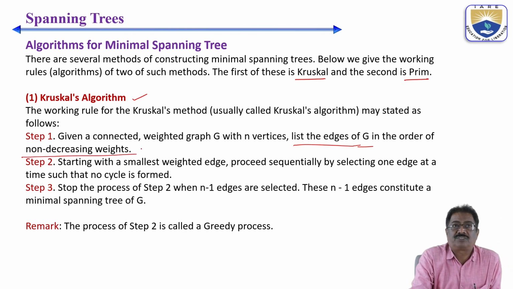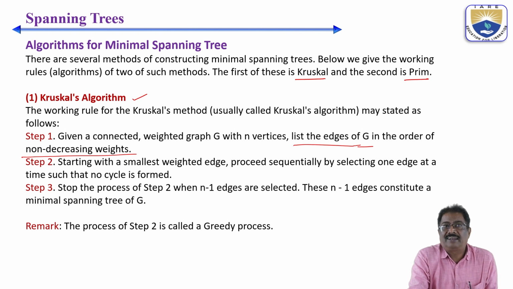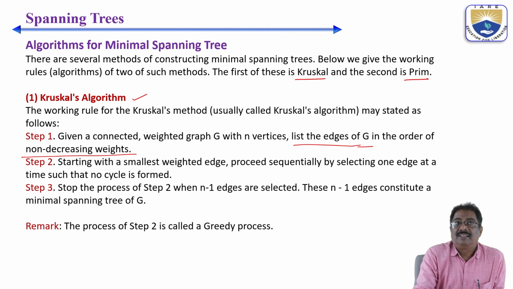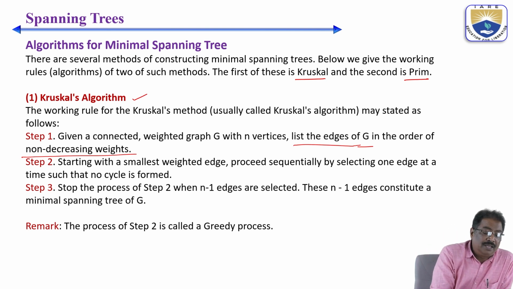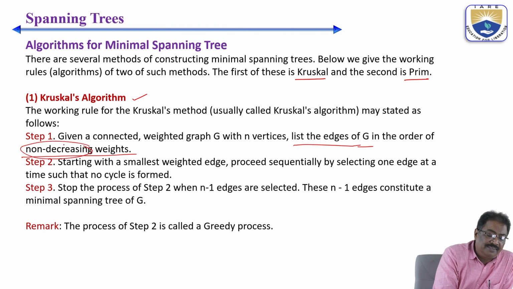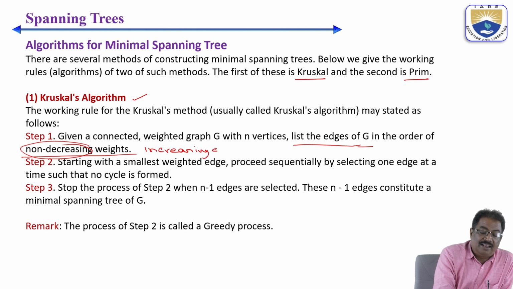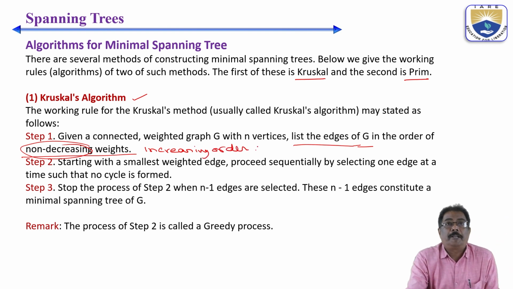That means we select the least weight, and next we select the next weight, like this. The weights are arranged in increasing order, which we can call non-decreasing or increasing order.